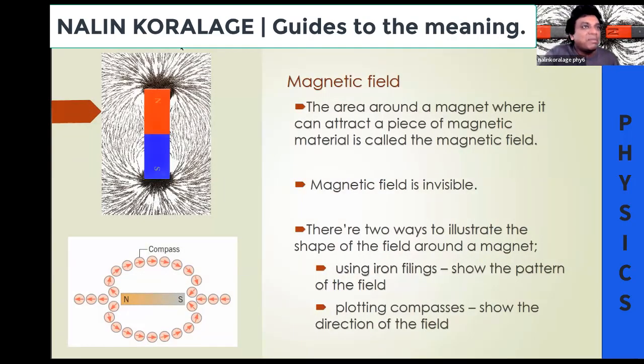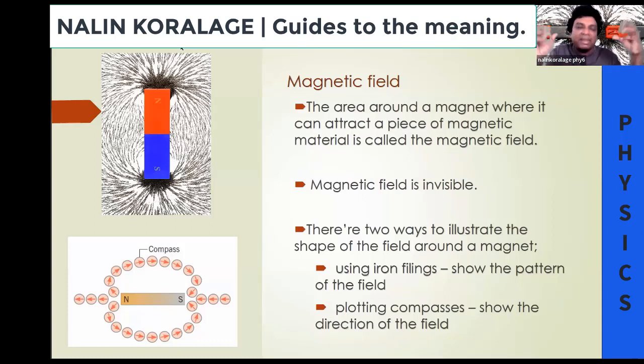Now, a magnetic field is actually some area, some region within which that magnet is going to spread its power. Now when I say the magnet is going to spread its power, what do I mean by this? Its power, its ability to attract a magnetic material.